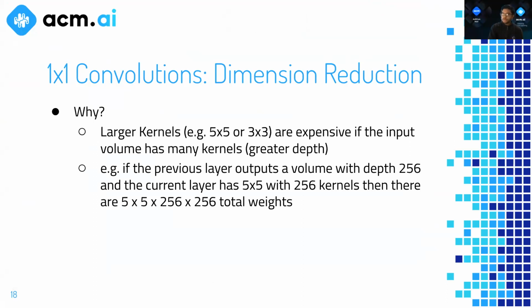Okay, so before we begin, because for this example of one by one convolutions we're going to be talking a little bit more about input volumes rather than just 2D inputs, I think we need to make a distinction between these two keywords, which are kernels and filters.